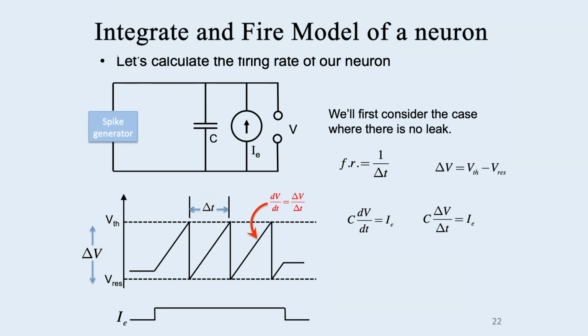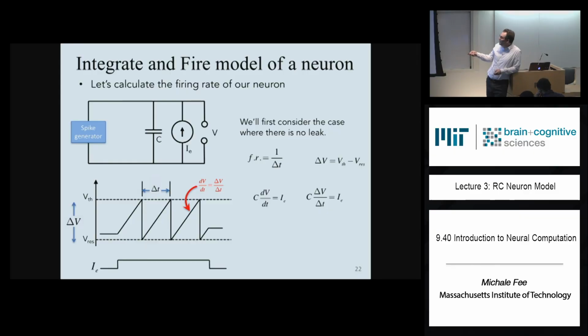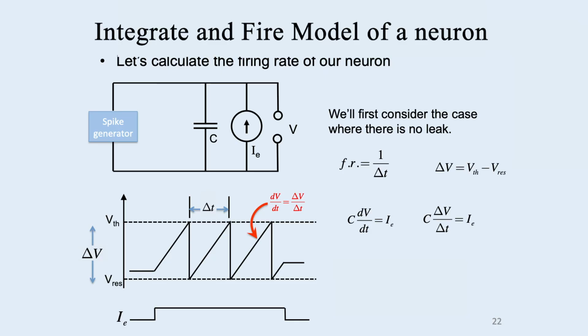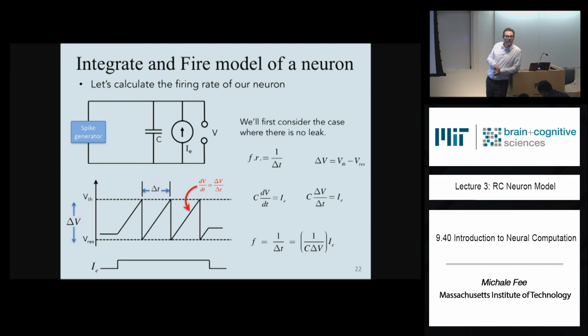Delta V is just this voltage difference, and delta t is what we're trying to calculate. So we plug this in and solve for 1 over delta t. And that's just I sub e divided by C delta V, the injected current over C delta V. That's probably what you were saying. Okay. Any questions about that?